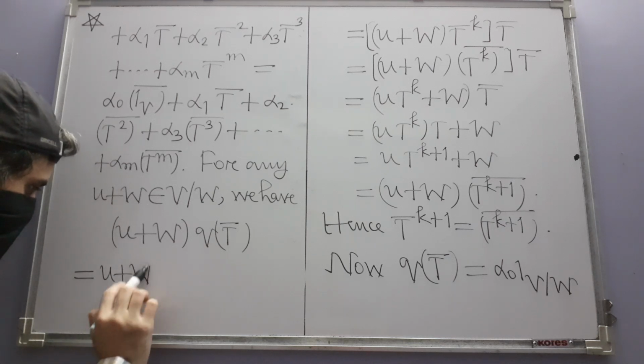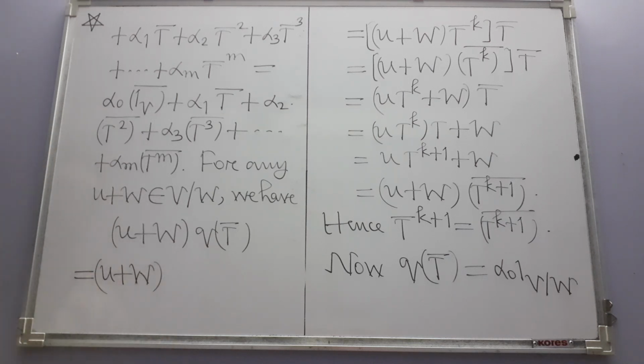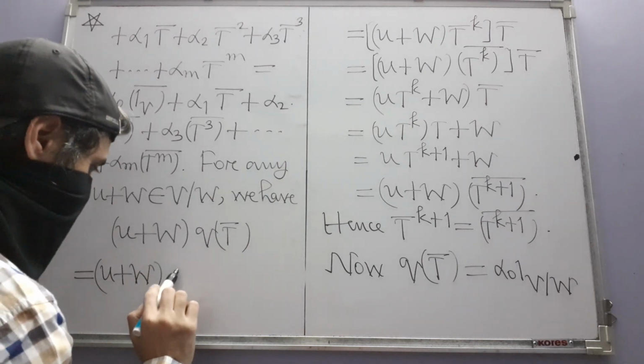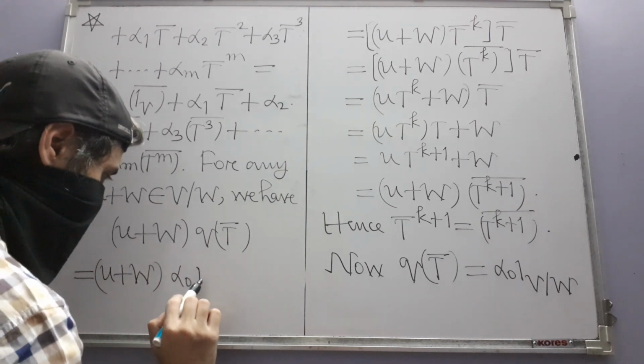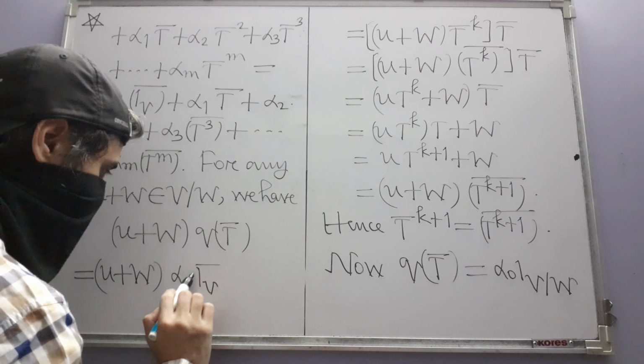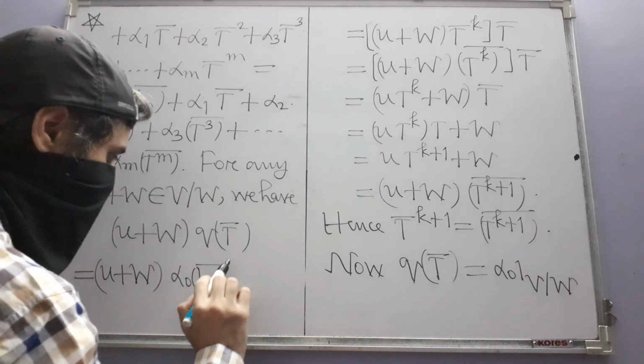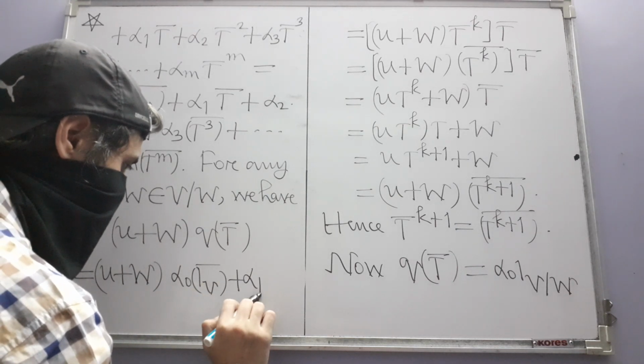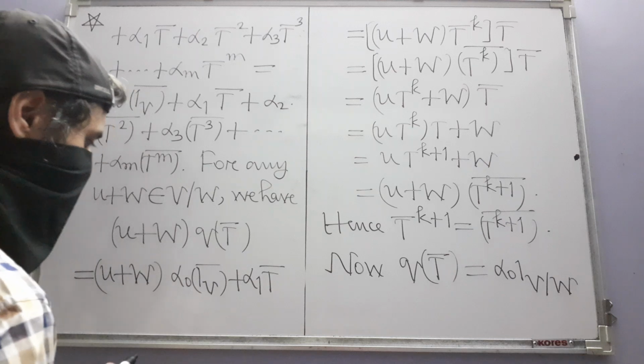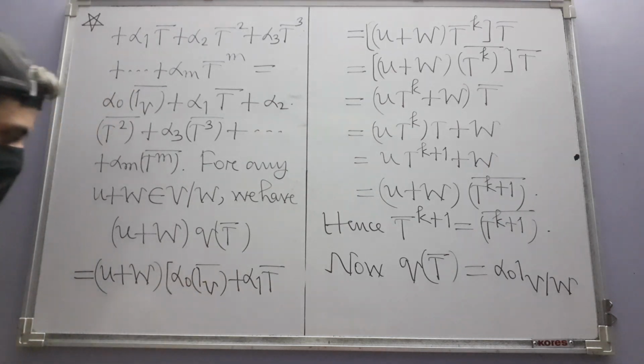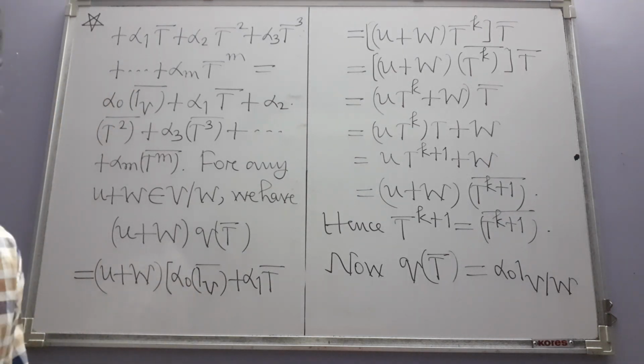So let's keep the vector separately and let's write this entire expression. Alpha naught 1v bar plus alpha 1 t bar. We cannot write everything here itself, of course.